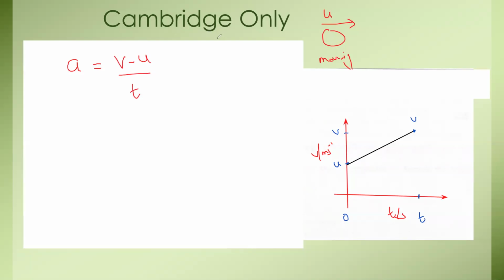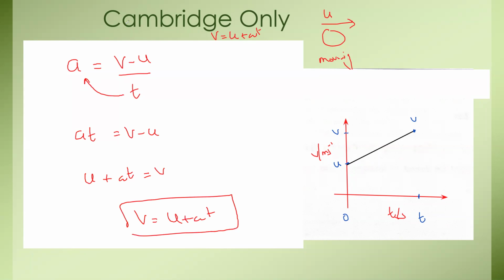I want to reach the first equation, which is v equals u plus at. So the time is divided on one side, so on the other side it will be multiplied. So I can say a times t equals v minus u. u goes to the other side, so u plus at equals v. Or if I rearrange, v equals u plus at. So that is our first equation of motion.